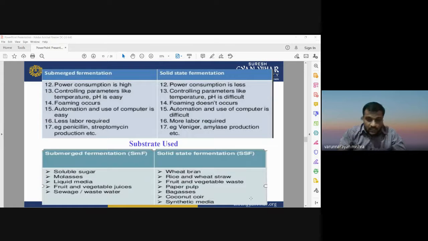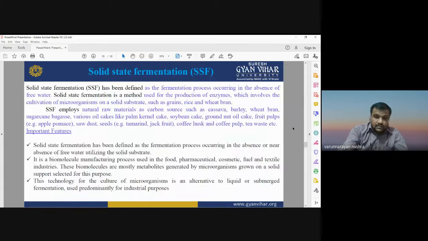So this is the comparative study of different kinds of substrates used for both SMF and SSF processes. Solid state fermentation, SSF, has been defined as the process that occurs in the absence of free water.